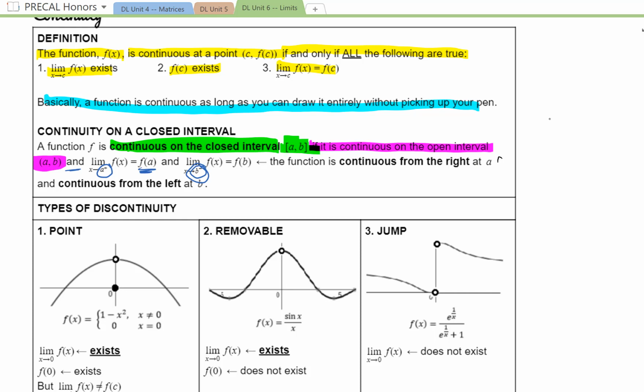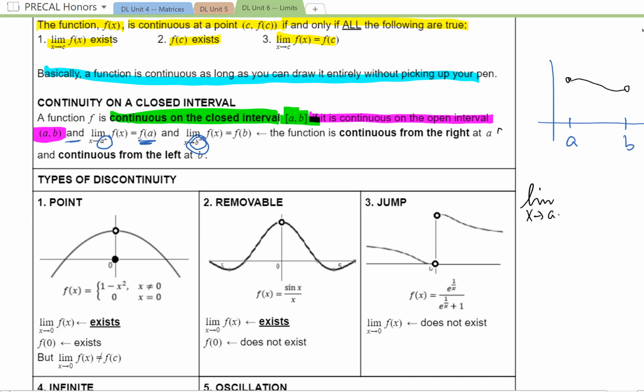Let's imagine we have a graph. This is some interval. This is going to be a, and this is going to be b. So this is our interval. It must be continuous on the open interval a, b. The limit as x approaches a from the right must be f of a.